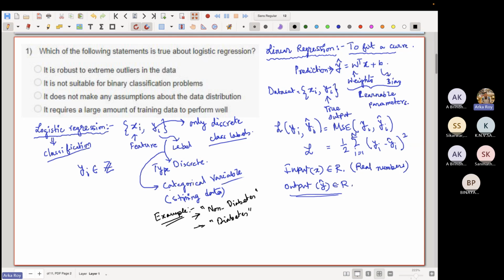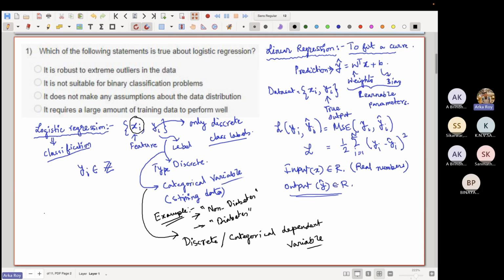So over here you can see the categorical variable basically means the string type of data. And you are trying to predict this categorical variable using the input feature xi. So that means yi, you can also write this as a discrete or categorical dependent variable. Okay.